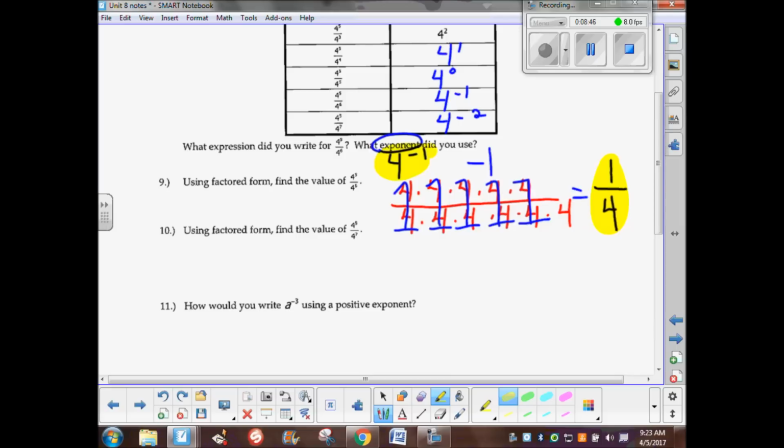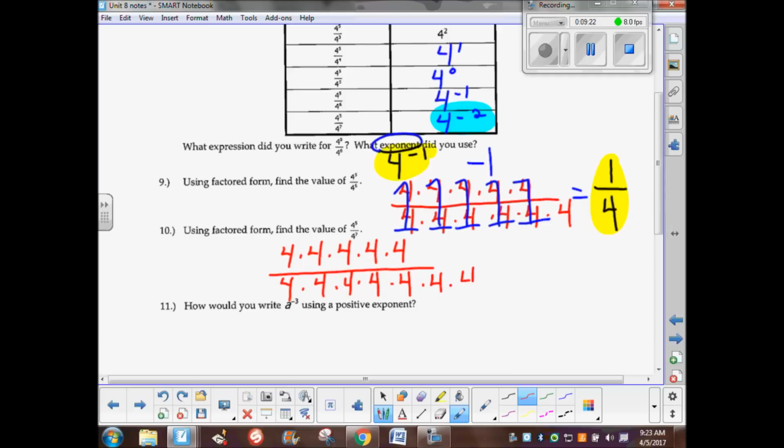So now that's not enough, really, I don't think, to see a pattern. So let's do another one. Using factored form, let's do 4 to the 5th divided by 4 to the 7th. Which we came up with was 4 to the negative 2. We said in our chart, 4 to the negative 2, which is right. So now let's expand it and see if some of you can start to see patterns here. We've got 4, 5 times, and then we've got it 7 times.